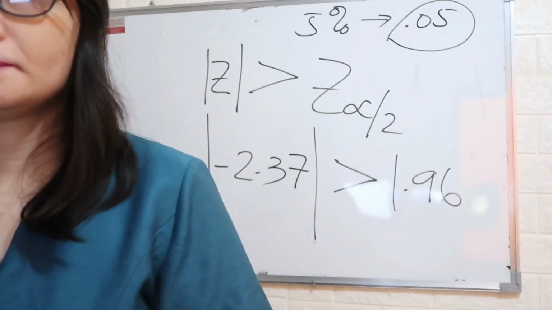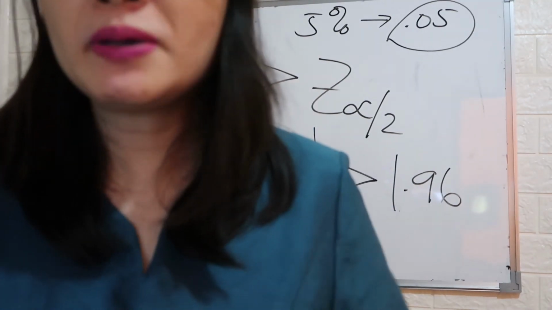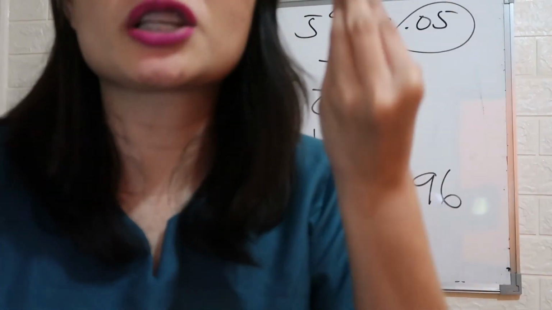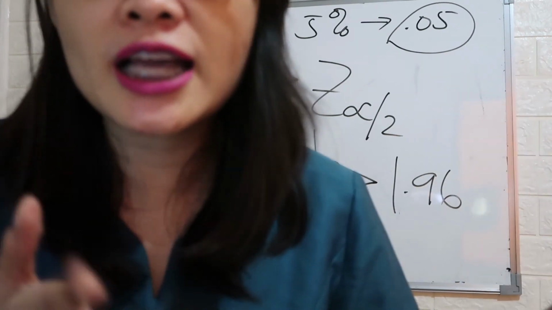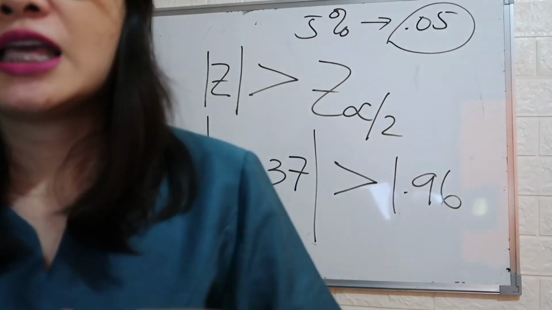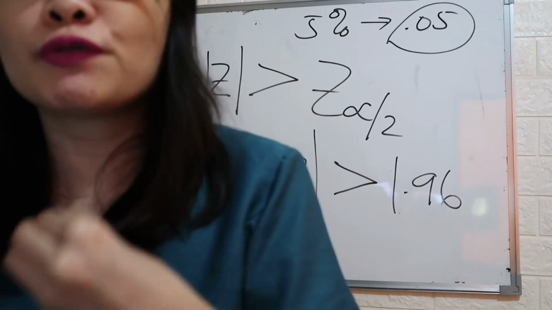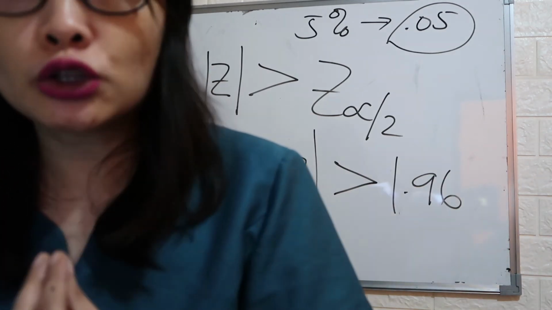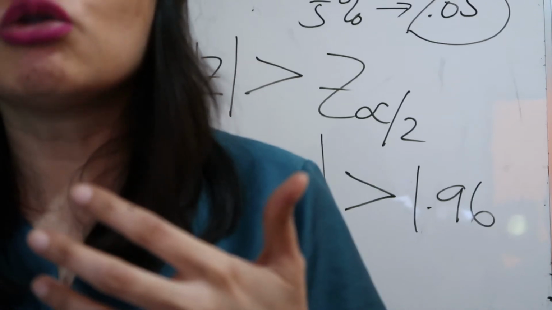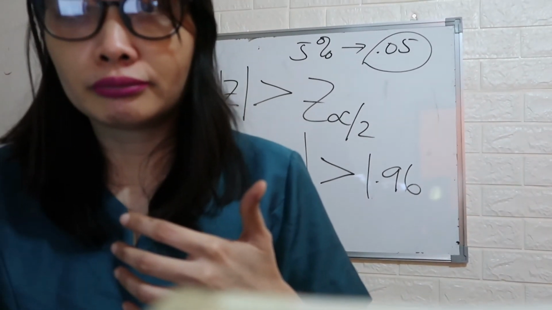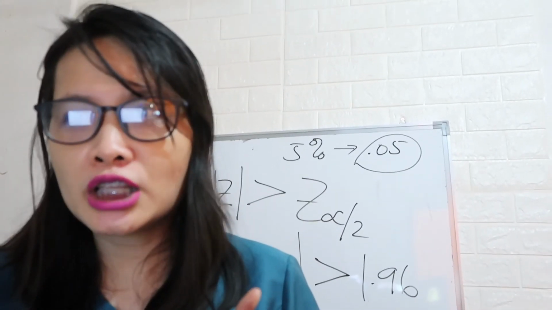Kapag ni-reject si HO, we need to accept your HA. So going back, ano yung HA natin? The average gas mileage of the passenger car is significantly different from the 16 kilometers per liter. Now, so what will be your conclusion?